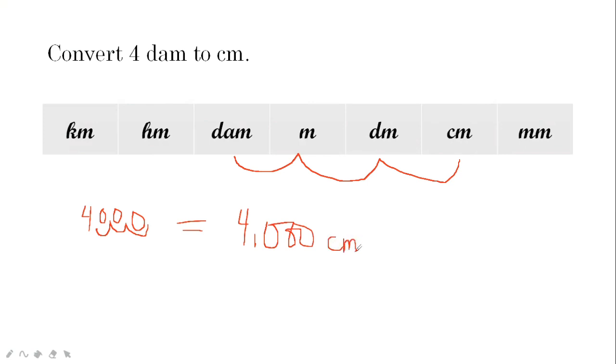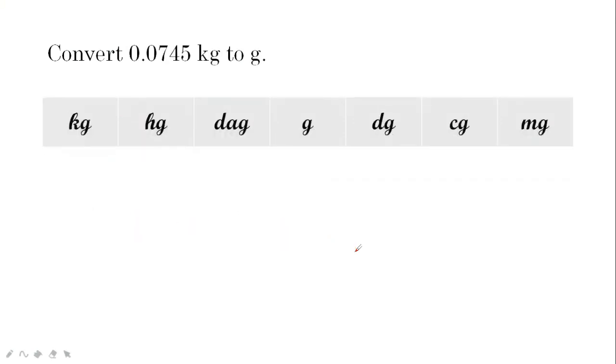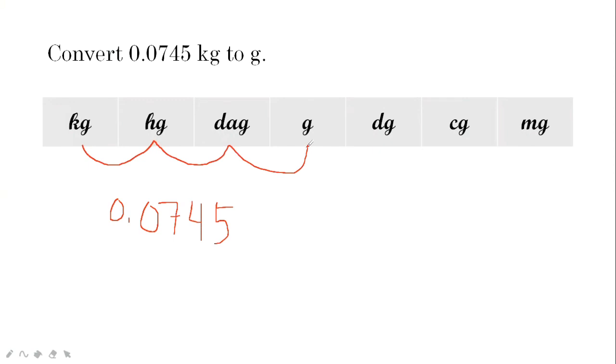Okay, so that's how it goes. Next, how about 0.0745 kilogram to gram? First, let's list it. We have 0.0745 kilogram to gram. Let's move the decimal place, going to the right again. So we have 1, 2, 3, three moves going to the right. Next, find the decimal point.